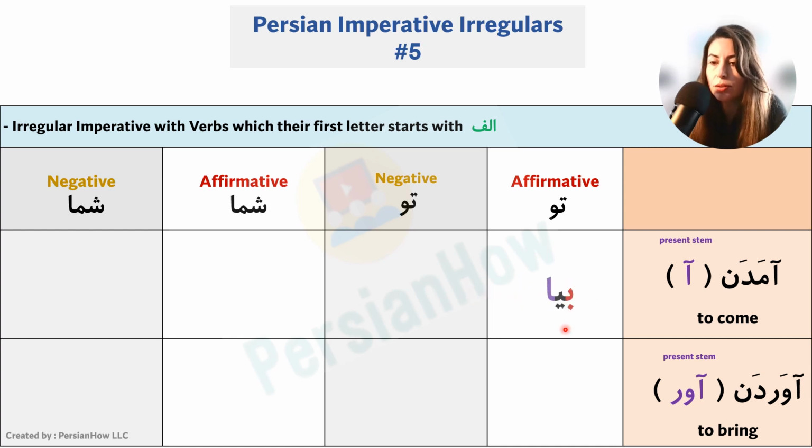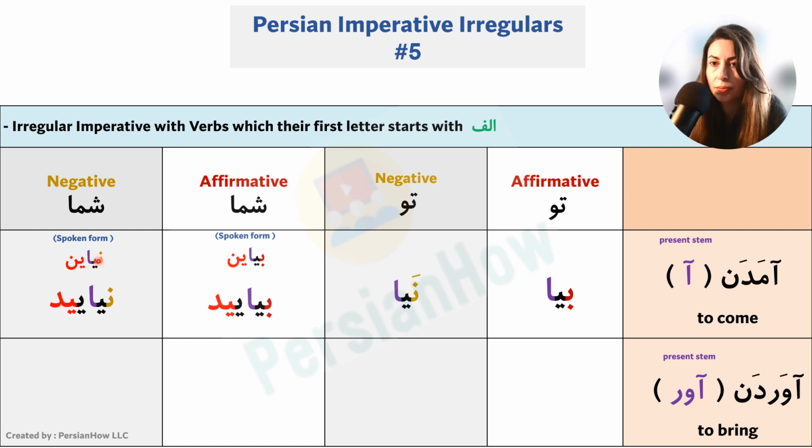That's why we need to attach ye after be, between be and aleph. So bia, and then the negative naya. The shoma form بیایید. Informal or spoken بیاین. نیایید.